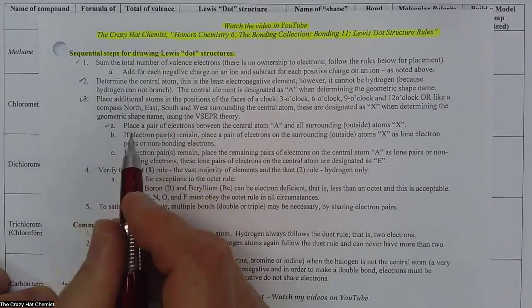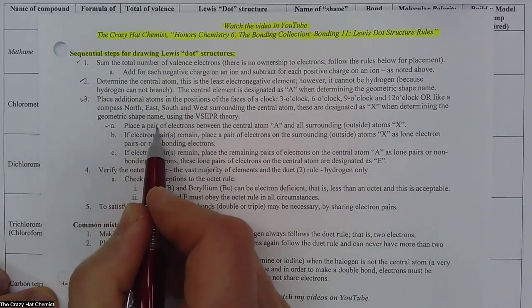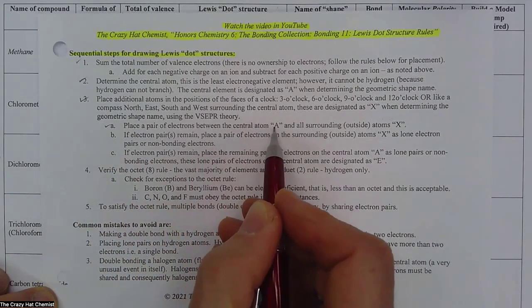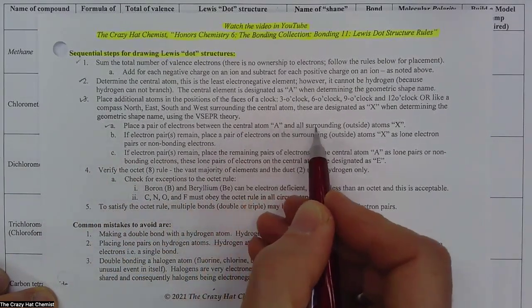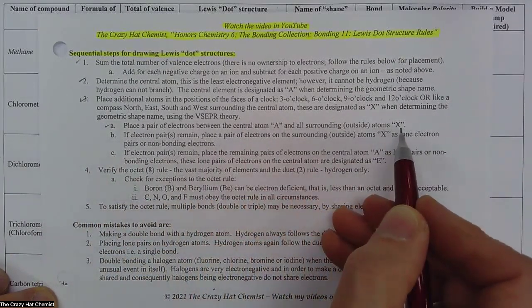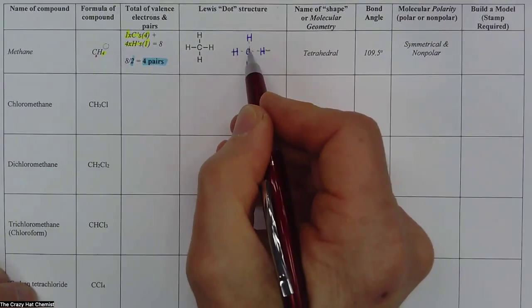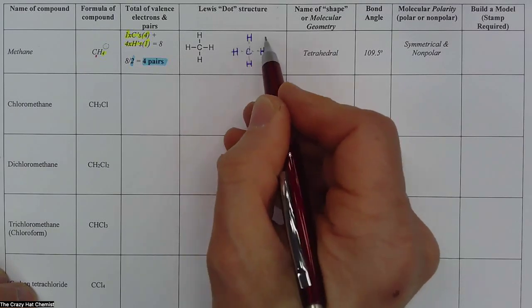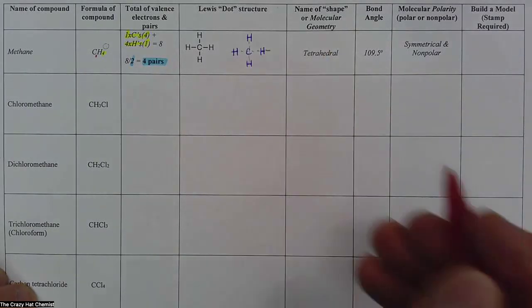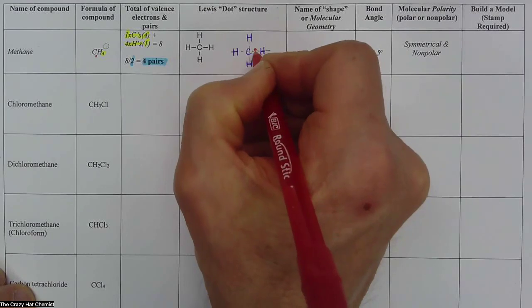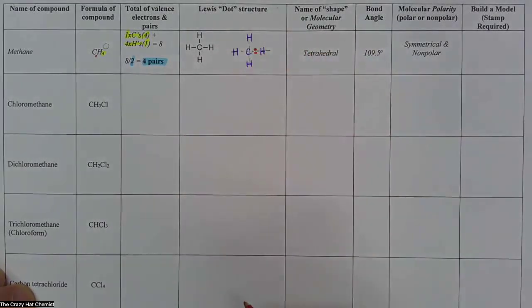So this is placement of electrons. We're going to place a pair of electrons between the central atom A and all surrounding outside atoms X. So the A is the carbon, the X's are the hydrogens. We're going to place a pair of electrons in between these, just like that.